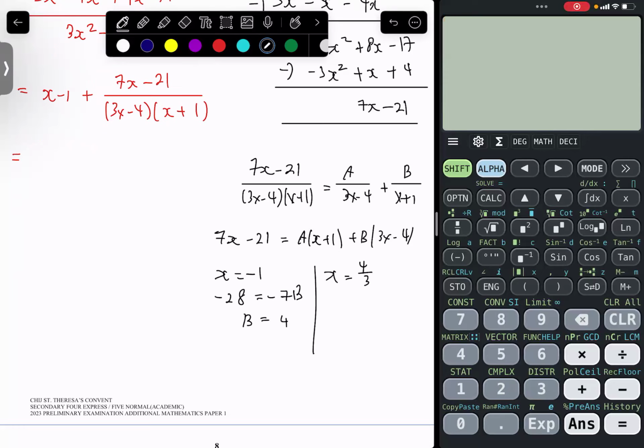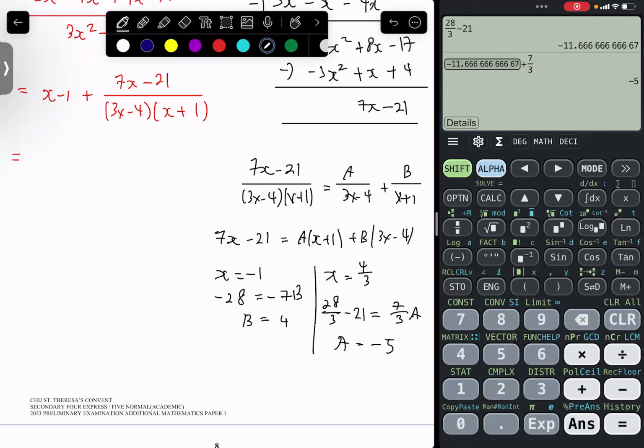x equals to 4 over 3. We'll have 28 over 3 minus 21 equals to 7 over 3 A. So A equals to negative 5.